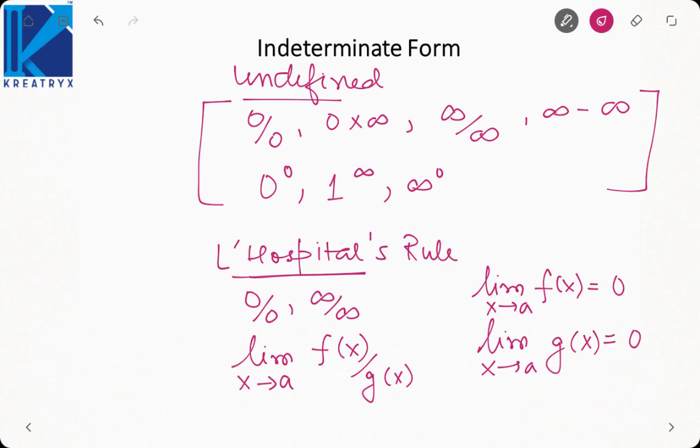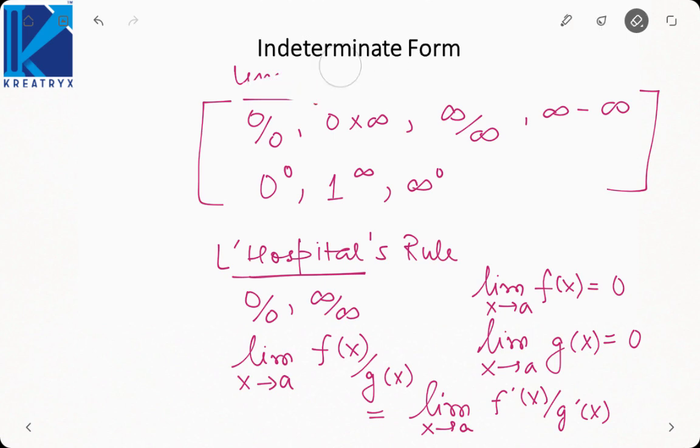In that case, it will become a 0 by 0 case. So this limit will also be equal to limit x tending to a of f dash x by g dash x. And still, if you are getting a form of 0 by 0 or infinity by infinity, you will differentiate again, both the numerator and denominator, and you will continue to do so until you get a final expression or until you get a finite value. That is, you must get an expression whose numerical value can be determined.